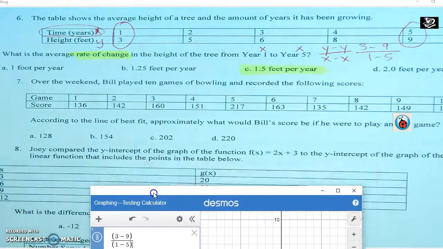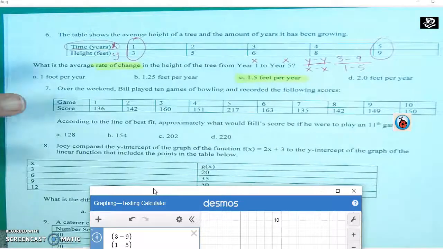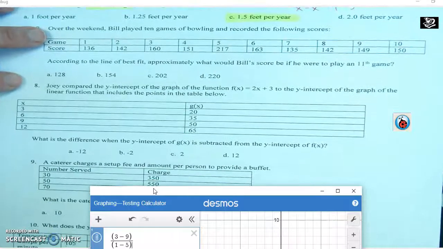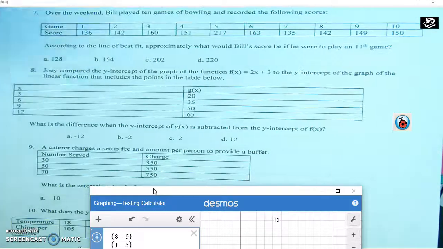Number 7, over the weekend, Bill played 10 games of bowling and recorded the following scores. According to the line of best fit, approximately what would Bill's score be if he were to play an 11th game?